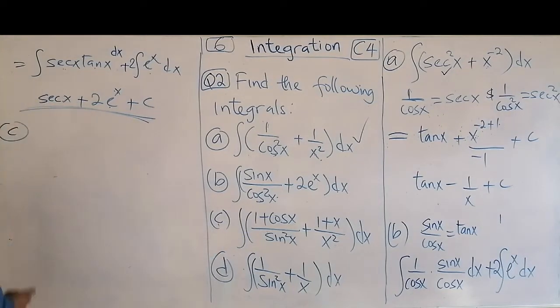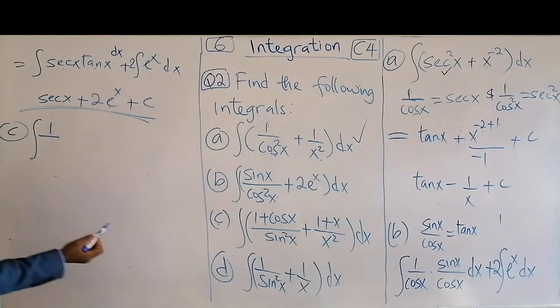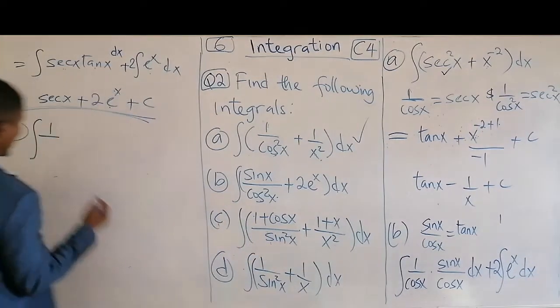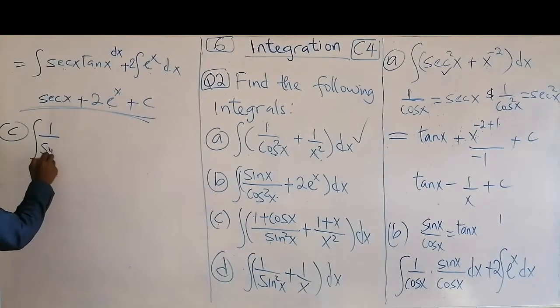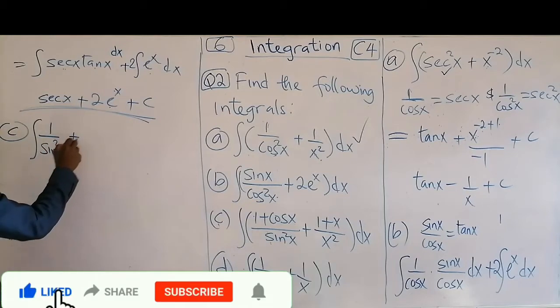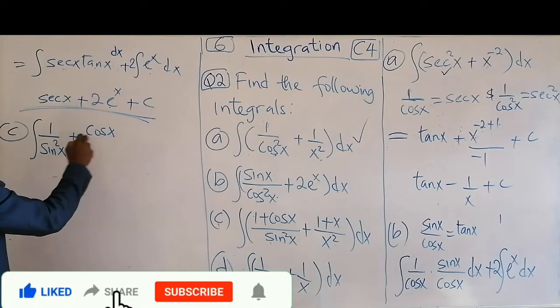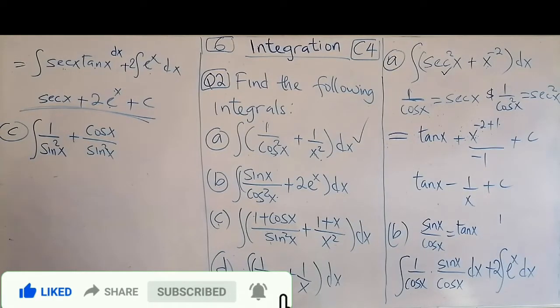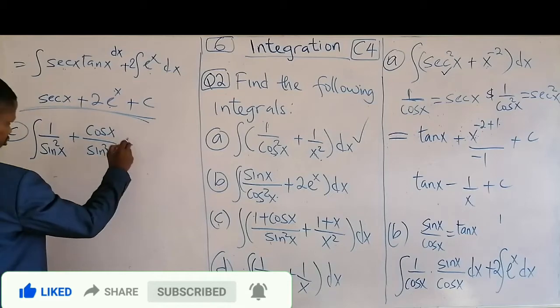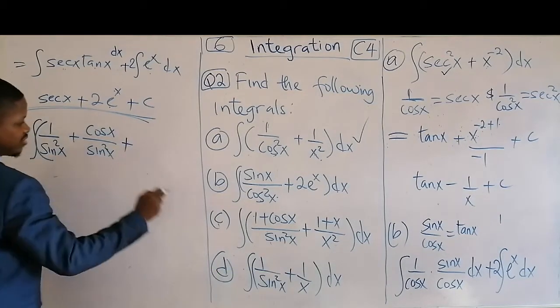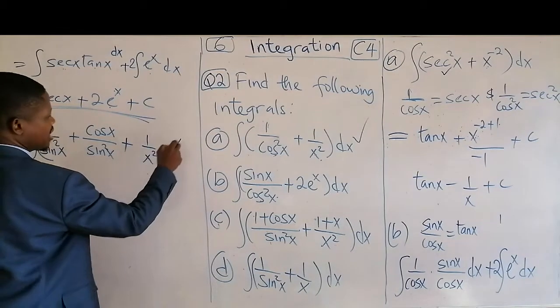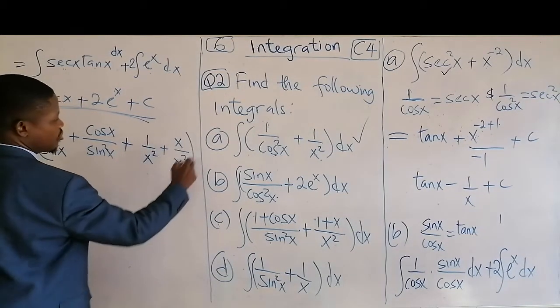This one implies, it's just algebra: you have 1 plus cos x over sine square x. So this implies 1 over sine square x plus cos x over sine square x. Then plus this one also, 1 over x squared, then plus x over x squared. Then close your bracket here.